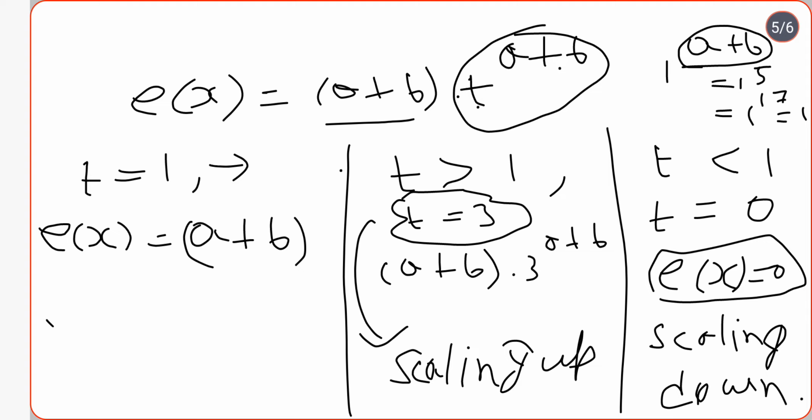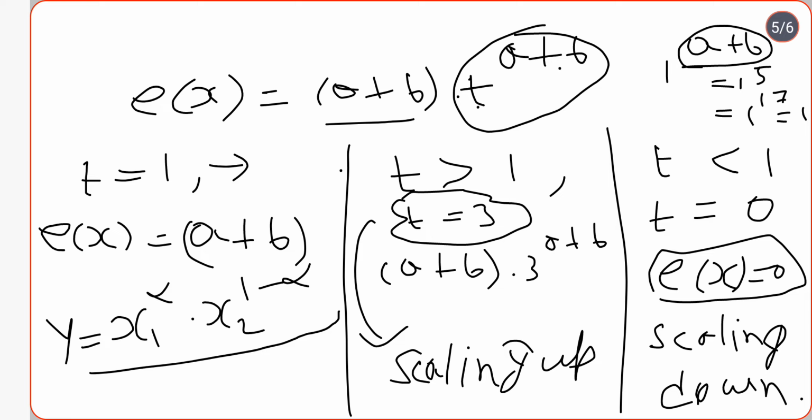Suppose a function is given as y is equal to x1 to the power alpha into x2 to the power 1 minus alpha. You can easily determine the value of elasticity of substitution, elasticity of scale for this type of functions. Now, at first you have to derive the y of t.